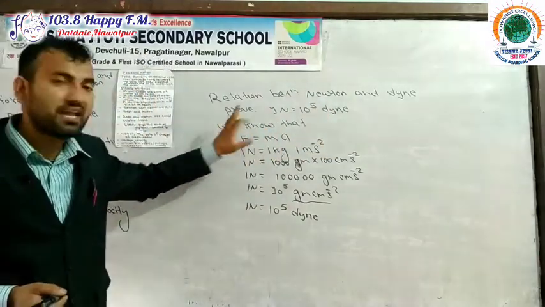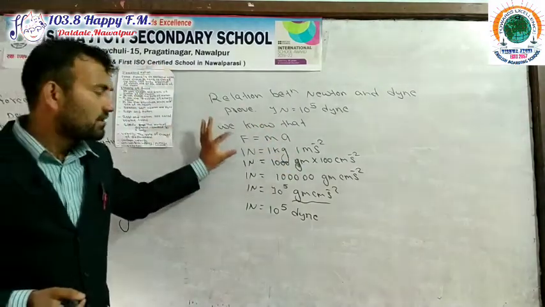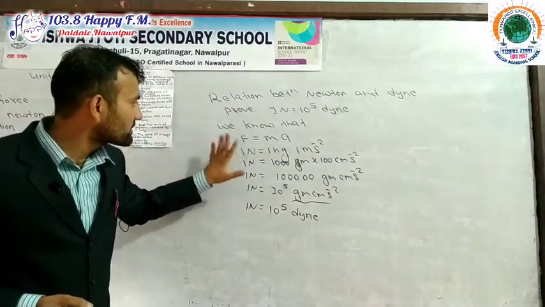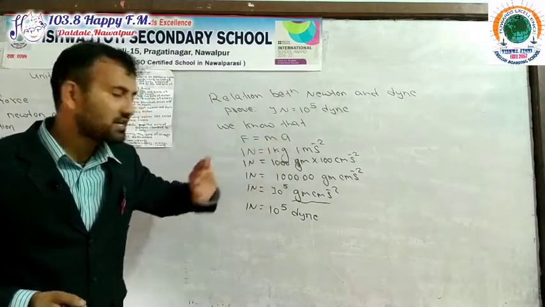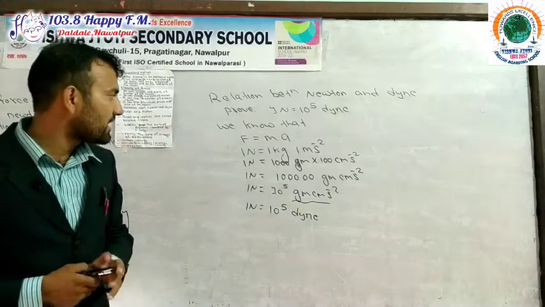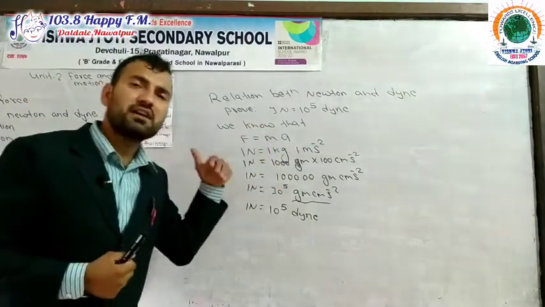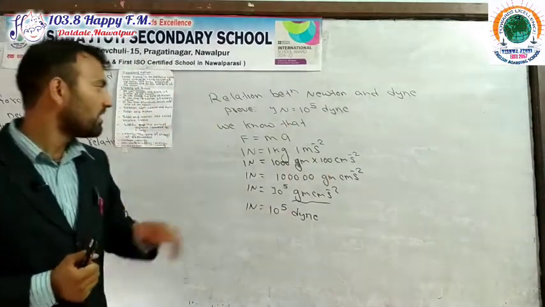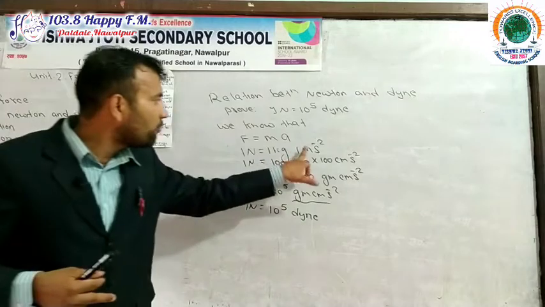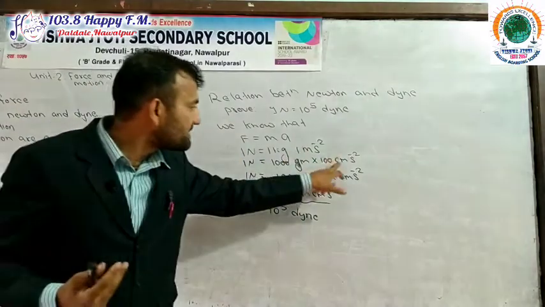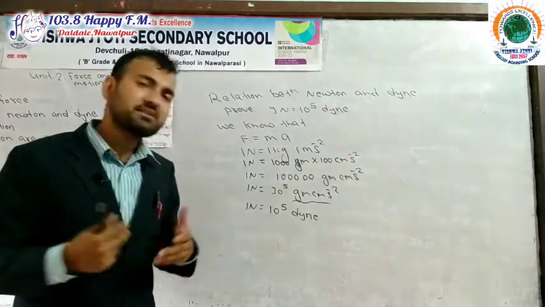That is the proof, or relation, between Newton and dyne. We know that the formula of force is F equals ma. First we write in SI terms: the unit of force is Newton, 1 Newton, mass 1 kg, acceleration meter per second square. Now change from SI terms into CGS terms. 1 kg equals 1000 gram, 1 meter equals 100 cm, and the unit of time is second.